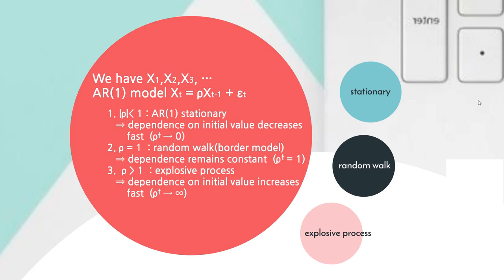Absolute rho is less than 1: AR1 stationary. 2. Rho equals 1: random walk. 3. Rho is bigger than 1: explosive process.